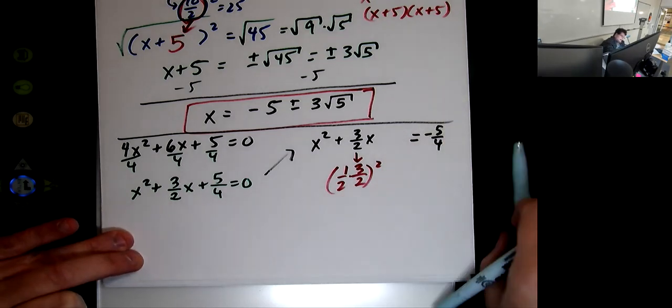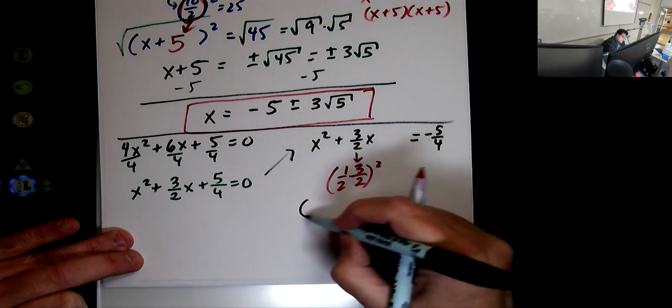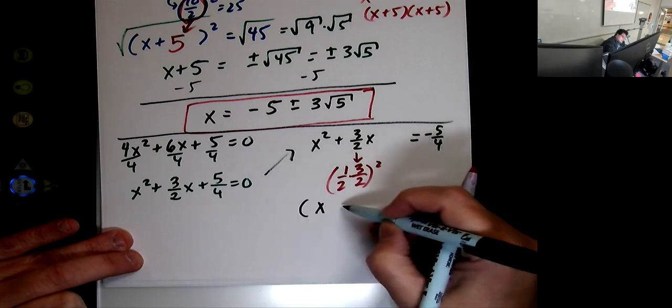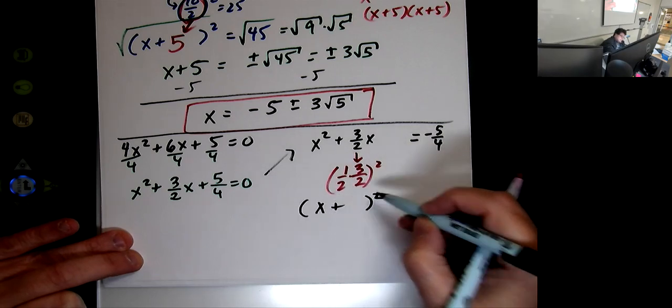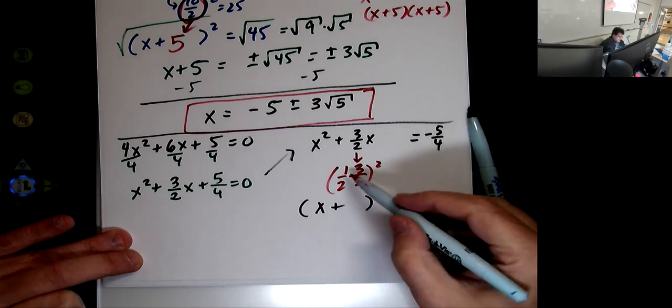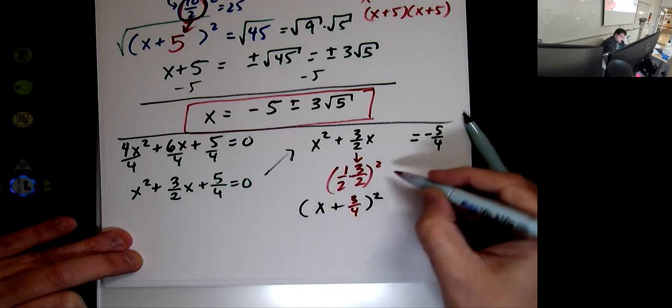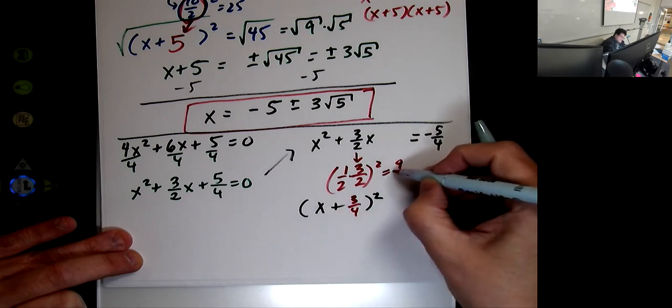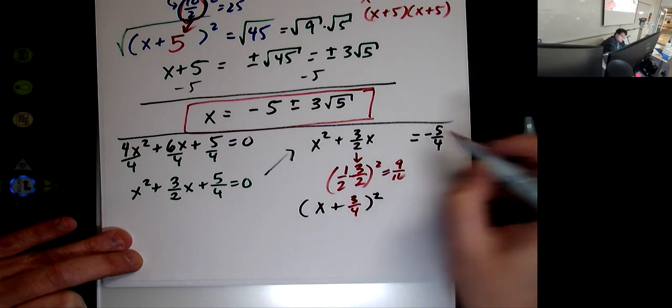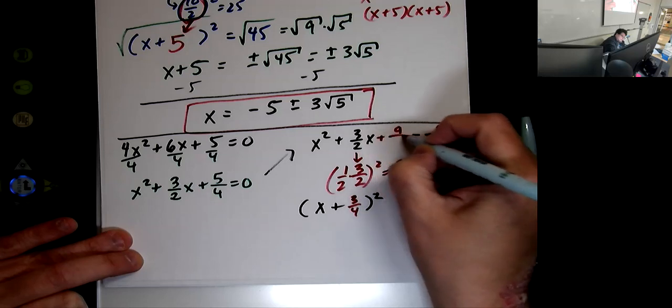What is that on the inside? I've got 1/2 times 3/2 is 3/4. If I square 3/4, I get 9/16. So plus 9/16.